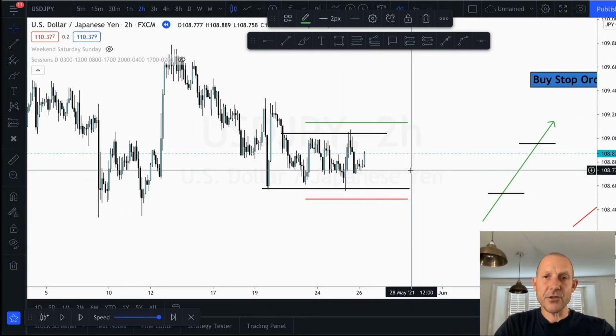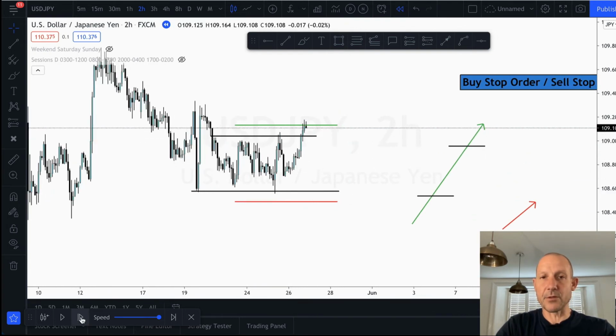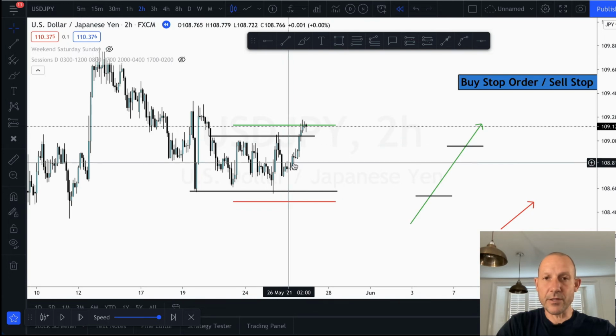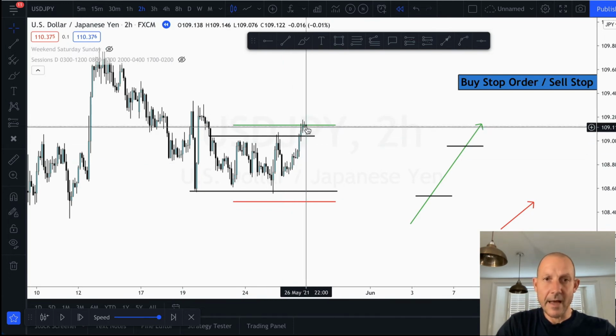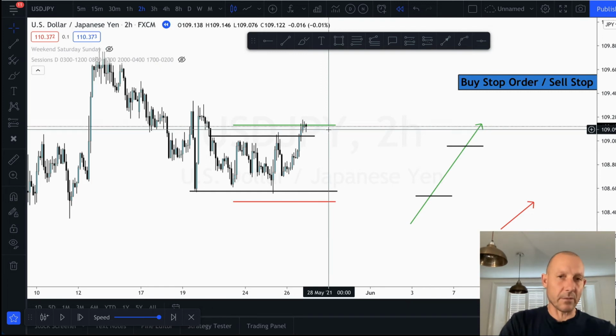So let's just say you've done that, and let's play price out and see what happens. You can see there, price has just come up to this green line. At that point, if you had set a buy stop at that price point, you would now be entered into a buy position. Now, obviously, stop loss and things like that is another story. It's another thing that you'd need to consider, which I'm not going through in this video.